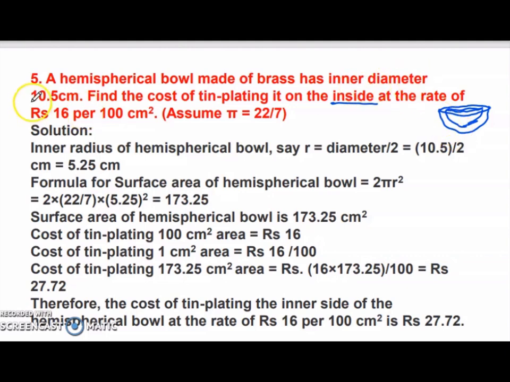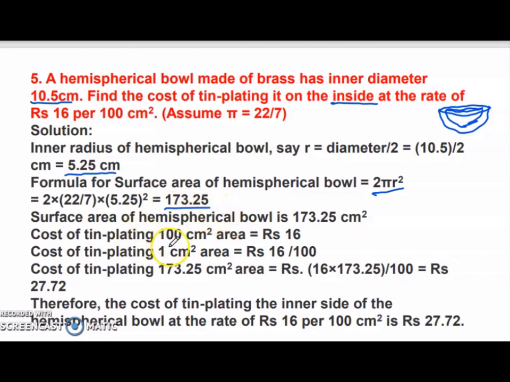So here inner diameter is given as 10.5. So inner radius will be half of this, that is 5.25. So the inner surface area, since it is a hemisphere, it will be 2 pi r square. So 2 into 22 by 7 into 5.25 the whole square. So this is the required surface area that has been tin plated.